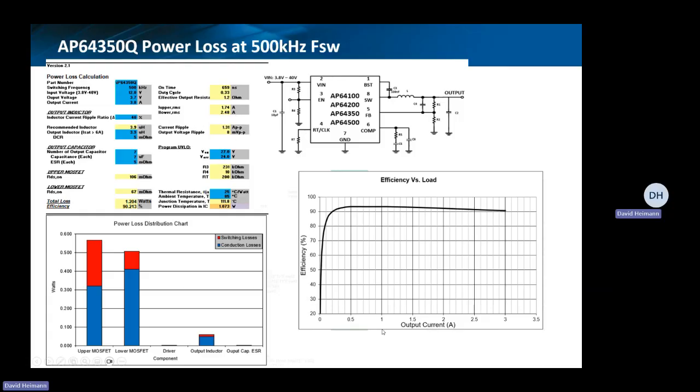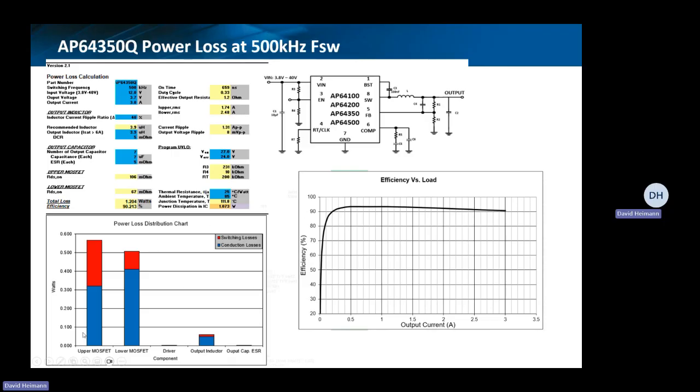So at 500 kilohertz, you can see here that our efficiency is pretty good. This again is PWM mode I'm looking at. Very quickly, when we get up into a few hundred milliamps, we get up above 90%, and we stay above 90% the whole way at 500 kilohertz, right?